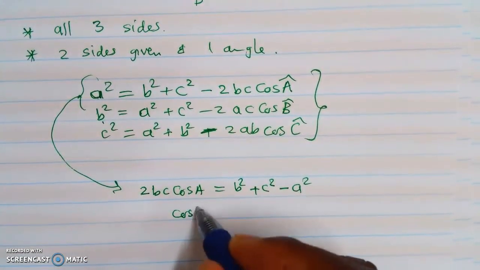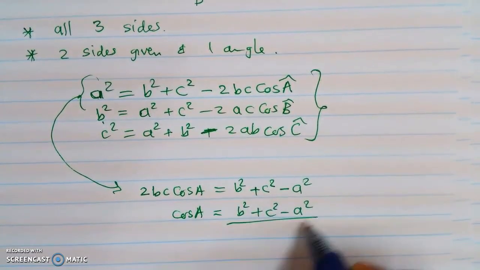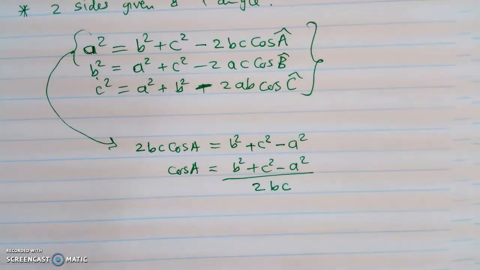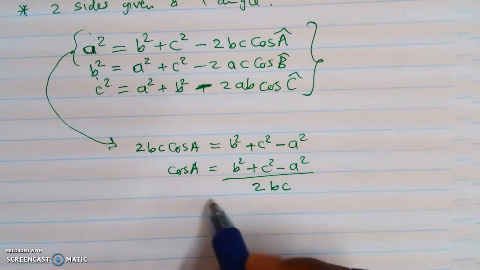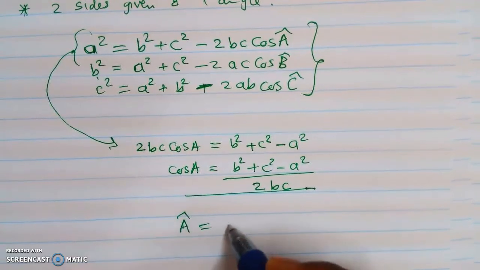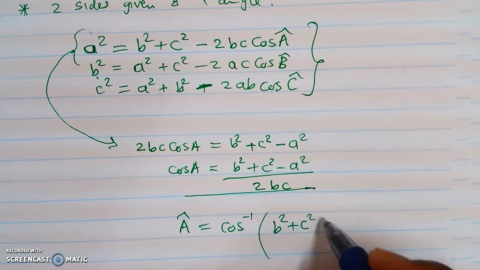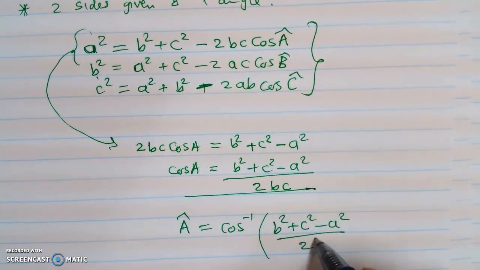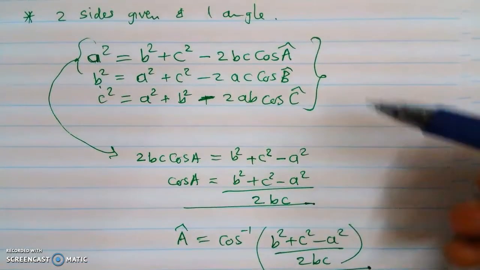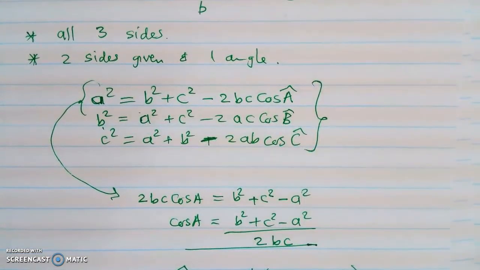And then cos A equals b squared plus c squared minus a squared all over 2bc. Therefore, if I have to find the angle, I can use this formula. Or I can go further and say the angle A will be given by cos inverse of b squared plus c squared minus a squared over 2bc. I can have that as my alternative formula. If I have to find the angle, then I use this. If I have to find the length, then I use the other one.